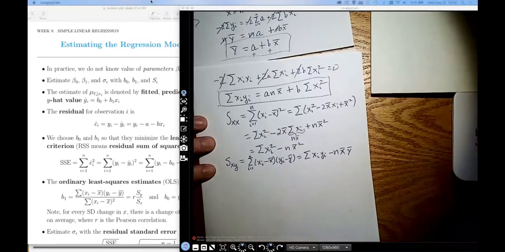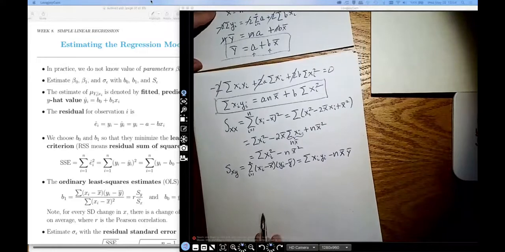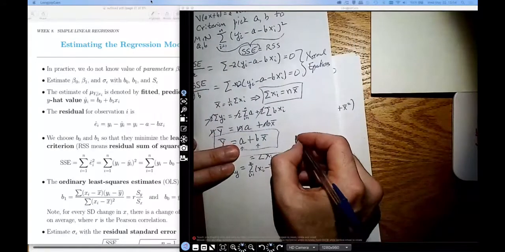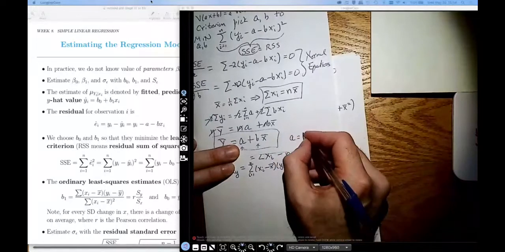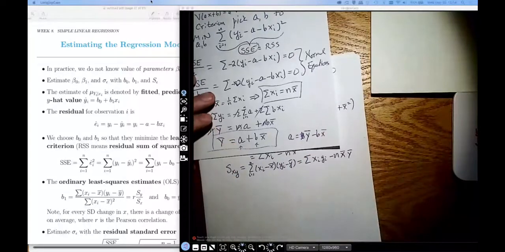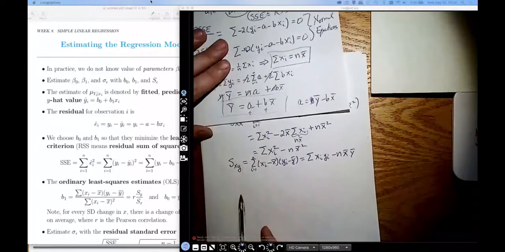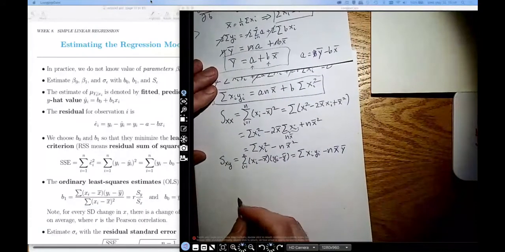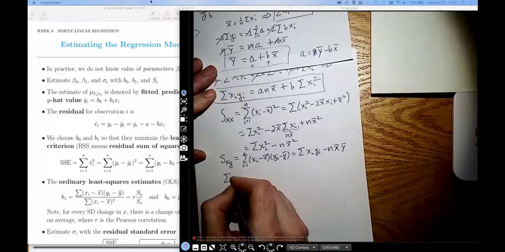All right. So now what I want to do is substitute this first equation into the second. Just notice that a is going to be y bar minus b x bar, if I just move the b x bar over to the other side. So then what I have here is the sum of xi yi.